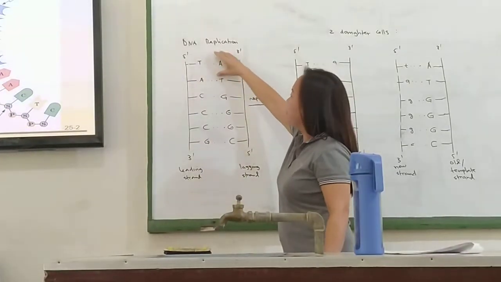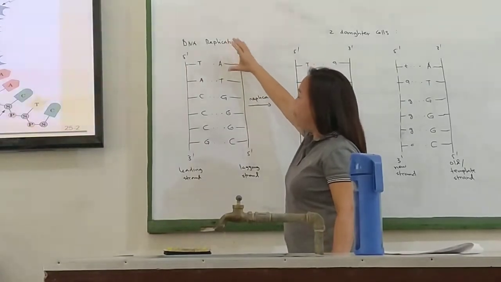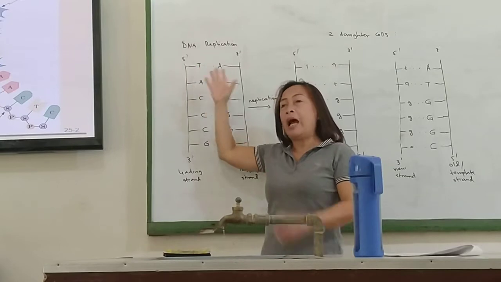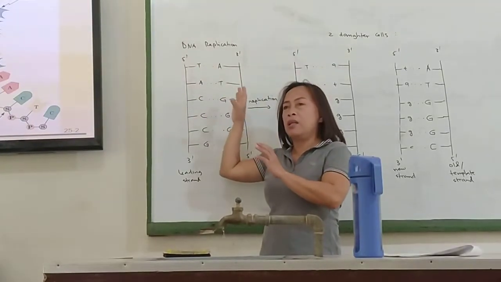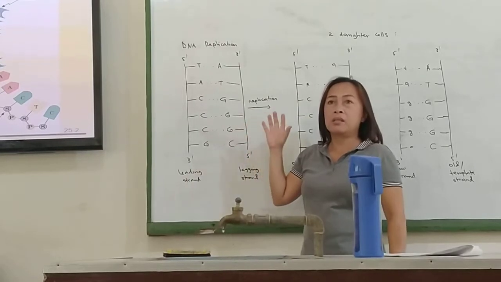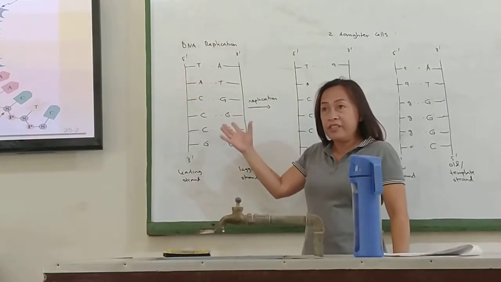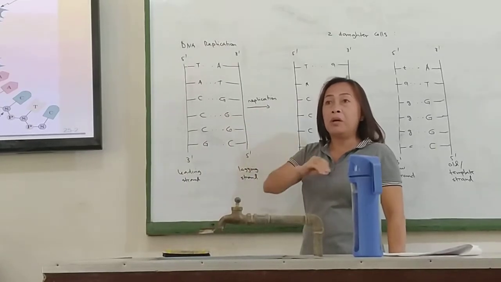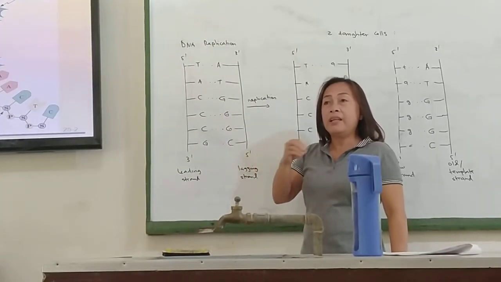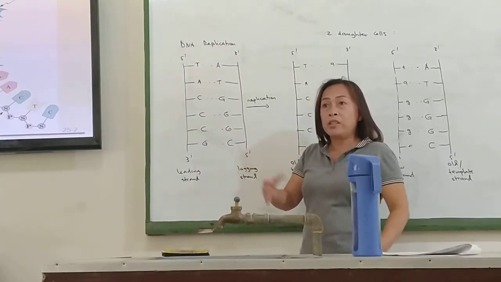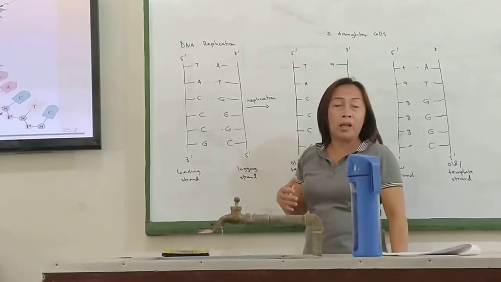We have 4 nitrogenous bases, and out of these 4 nitrogenous bases we can construct different codons, and codons into amino acids, and amino acids into proteins, and proteins, of course, to the whole individual.